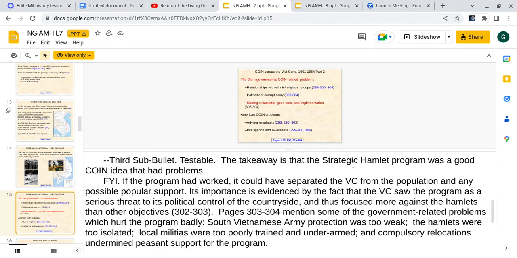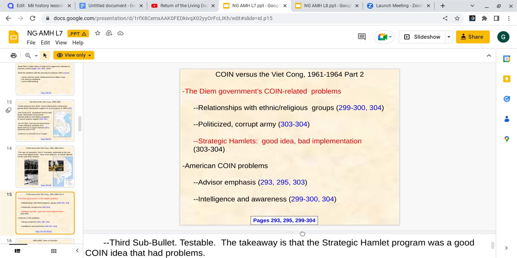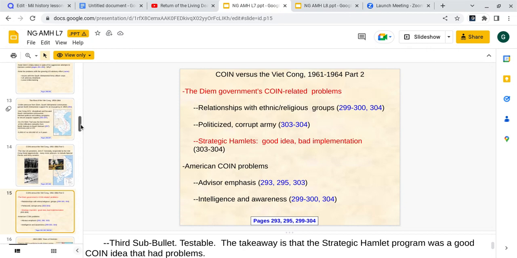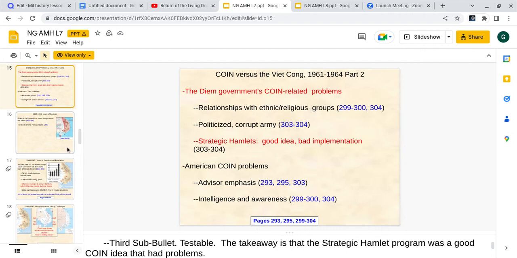So the strategic hamlets, while it was a good idea and the Viet Cong saw it as a significant threat, it wasn't able to be sustained because the South Vietnamese army was not strong, local militias didn't have the arms to sustain this, and the hamlets were too isolated.